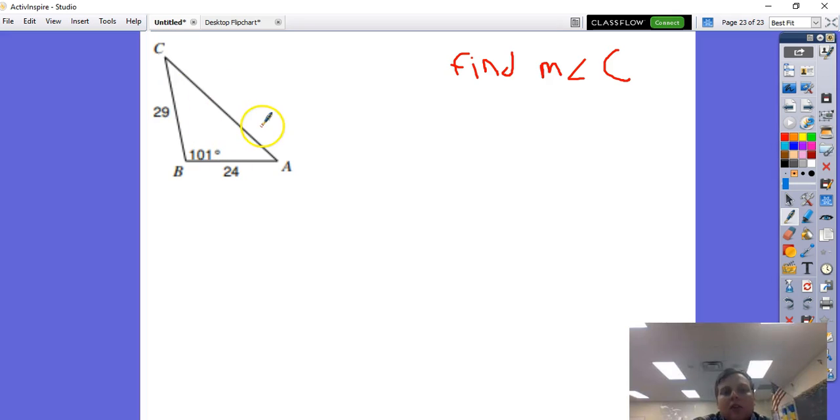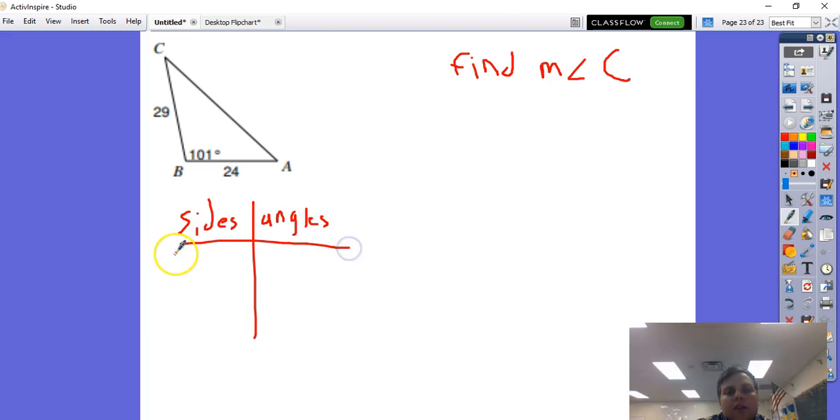It gives us a triangle. This time it says find the measurement of angle C. It's not a right triangle, so we're going to have to set up our table. Sides and angles.